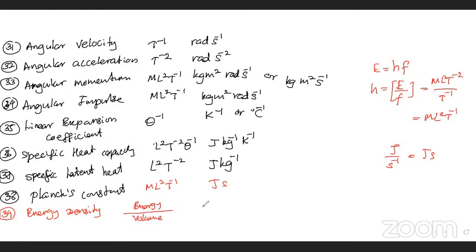Energy divided by volume. So the dimension of the formula: energy has M L square T minus 2 and the volume has L cube. Simplifying this, you can write dimension M L minus 1 T minus 2. It has the same dimension as pressure.